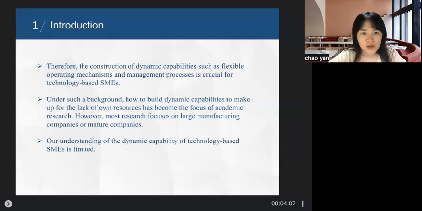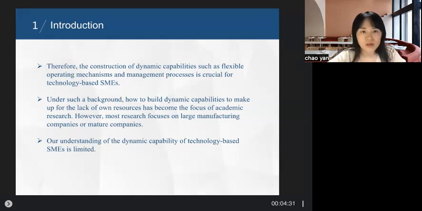Therefore, the construction of dynamic capabilities, such as flexible operating mechanisms and management processes, is crucial for technology-based SMEs. In such a background, how to build dynamic capabilities to make up for the lack of their own resources has become the focus of academic research.